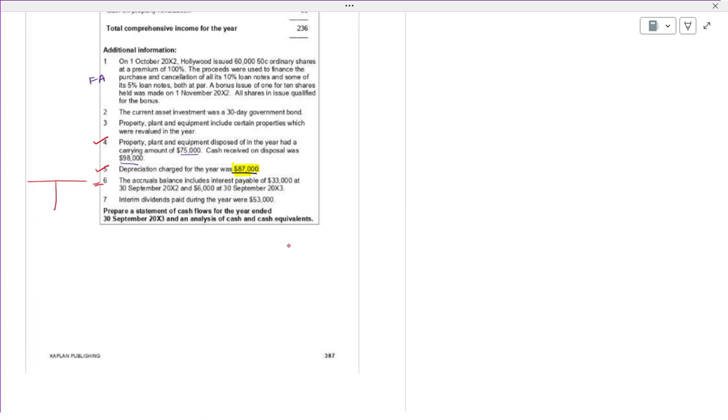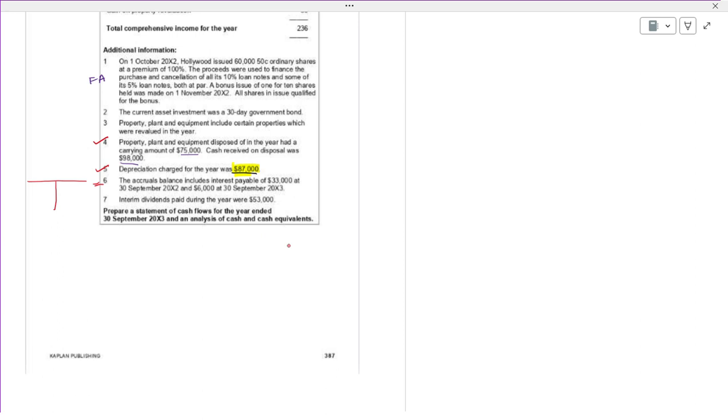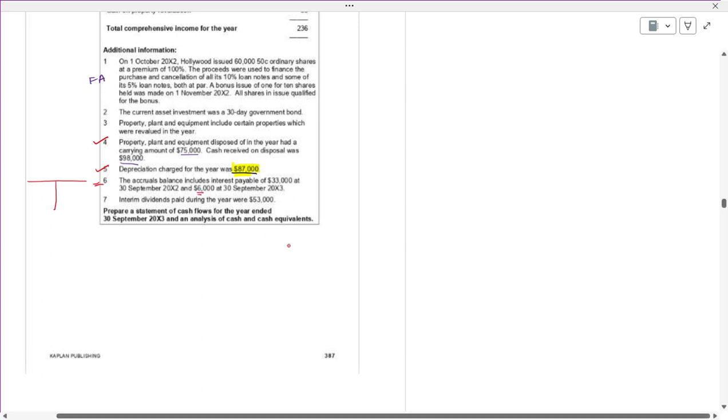Opening balance is 33. But how much is the closing balance they are having? It includes 6,000. See, 33 is the opening balance. It is an accrual liability.